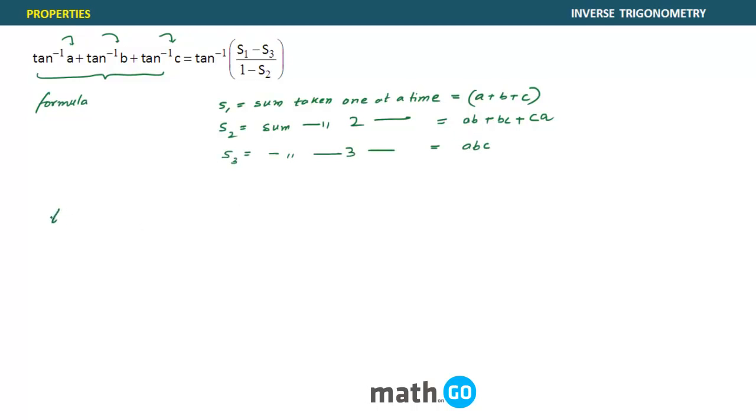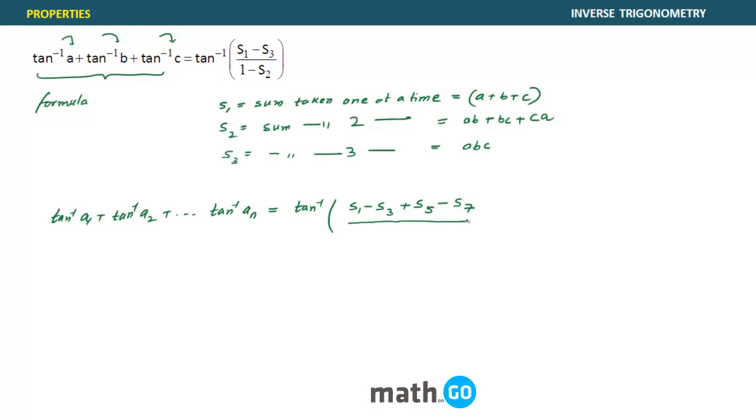So if you want to say, sir, I have, let's say, A1, A2, and this goes on till n terms, let's say tan inverse An, what would the value be? The formula that you will use is tan inverse of (S1 minus S3 plus S5 ...). So alternately positive and negative, and the numerators will all be sums of odd order: sum taken one at a time, sum taken 3 at a time.